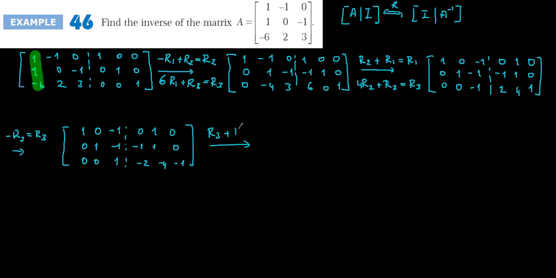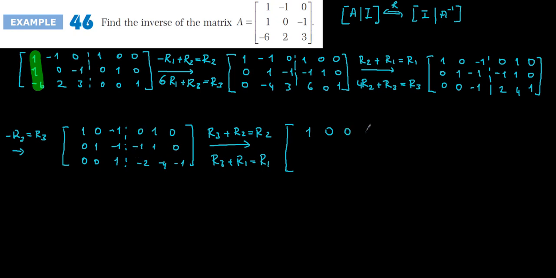Okay, now I'm going to do one more row operation by using R3. R3 plus R2 is equal to new R2, and R3 plus R1 is going to be equal to new R1. But I'm going to start the operation with R1. So here I'm going to do like this. Firstly, 0 plus 1 is equal to 1. 0 plus 1 is equal to 1. 0 plus 0 is equal to 0. 1 plus minus 1 is equal to 0.